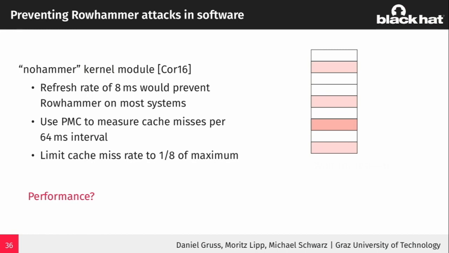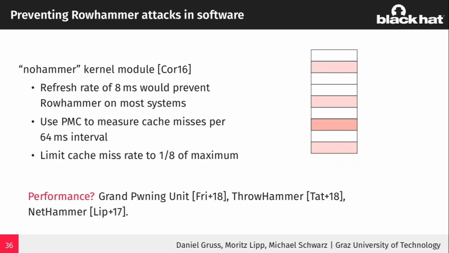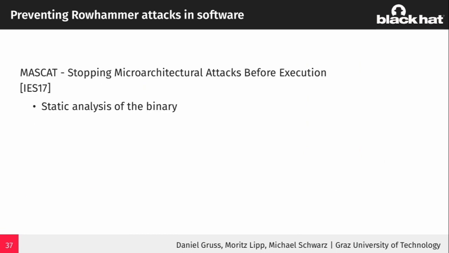Yeah. And in addition, what we've seen lately with the GPU paper, or with the remote Rowhammer attacks, either Throwhammer using RDMA-based network cards, or our NetHammer paper, which uses commodity hardware to induce remote bit flips, we do not care about that at all. So maybe we don't want to dynamically see the row hammer attack and then stop it, but we want to do some binary analysis.